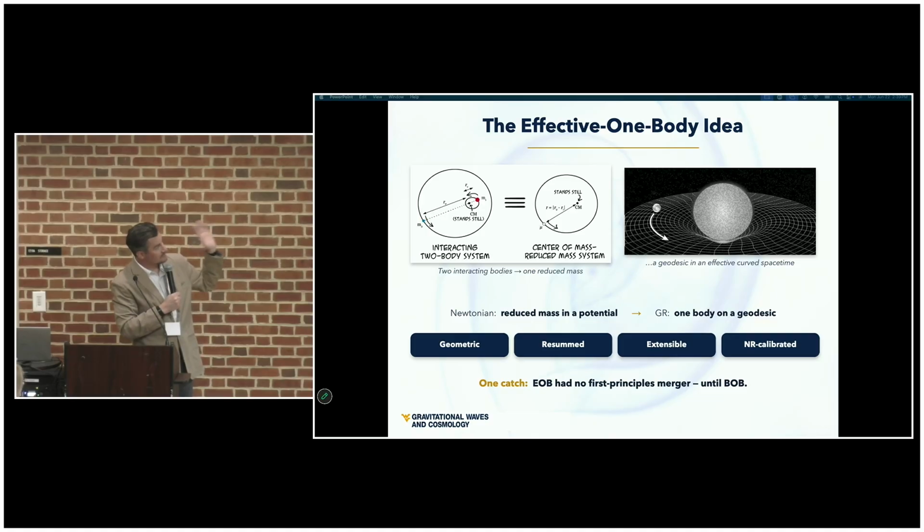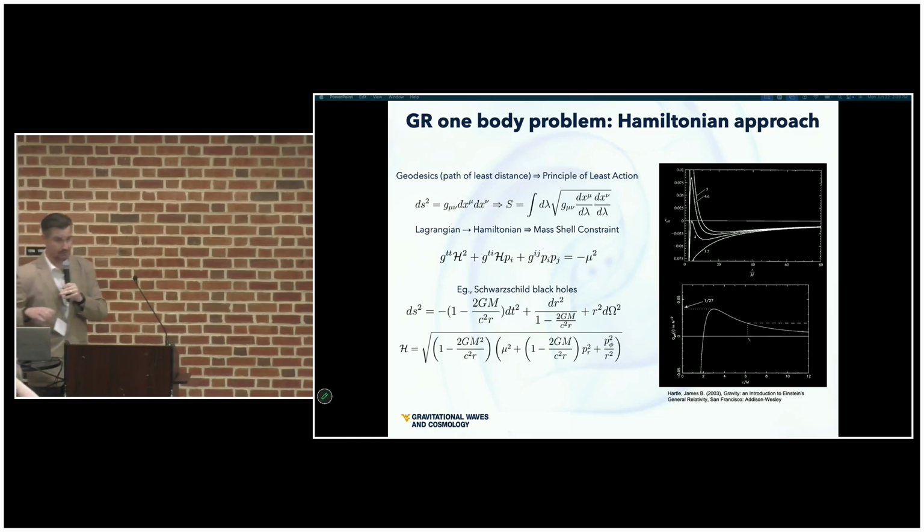So instead of having a two-body system that's expanded in post-Newtonian, some long, complicated series in powers of v over c, we try to map it to geometry. We say this is a test mass moving around, following a geodesic in some effective spacetime. That's the very high-level idea, but there wasn't really a merger part, and that's where BOB is going to come in, so stay tuned.